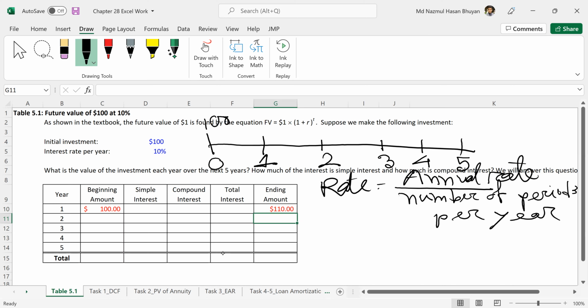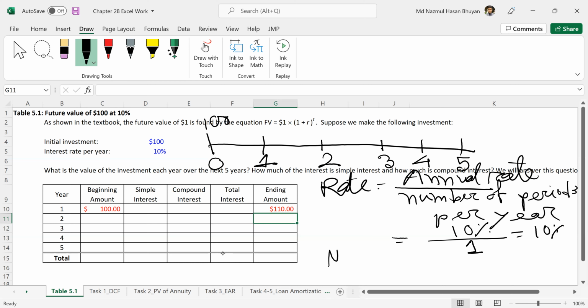In this case, your annual rate is 10%. And as I said, here your interest rate compounds annually, so the unit of time here is annual. So how many annual periods do you have per year? One annual period per year. So 1 equal to 10%.